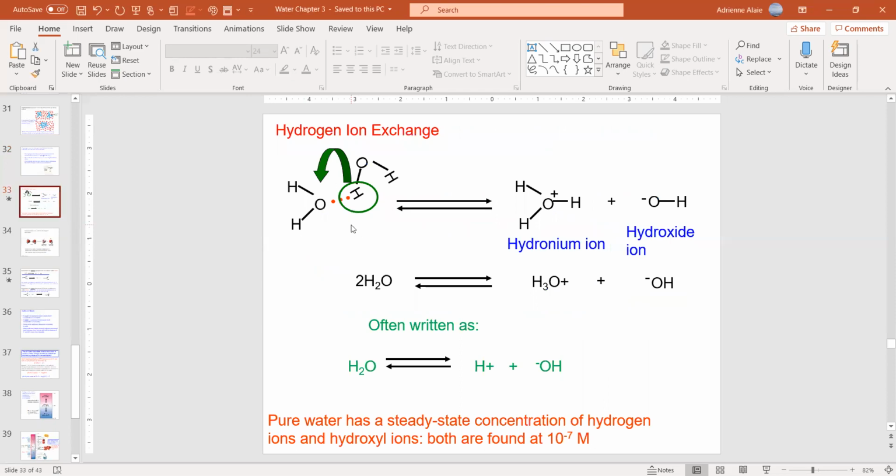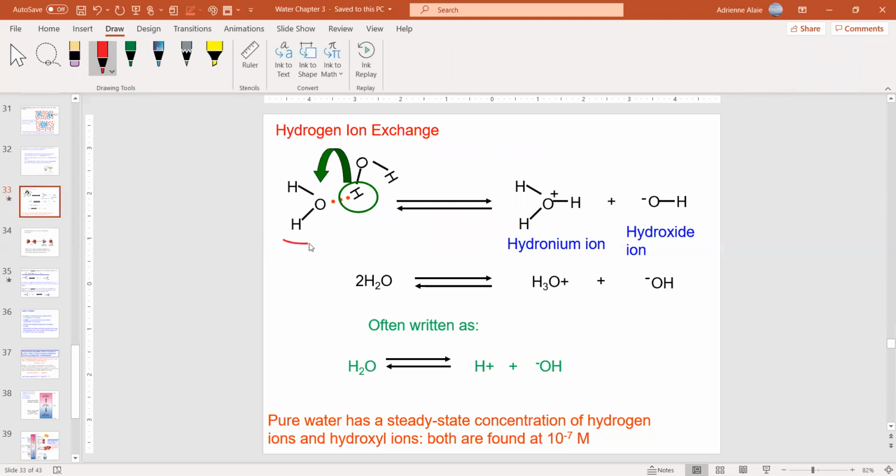Okay, so here's what I've described. The dotted orange line here is the hydrogen bond between the two water molecules, and I've circled the hydrogen atom that's going to jump from one to the other, but not as a hydrogen atom, but as a hydrogen ion. When it jumps, let me get my draw tool.